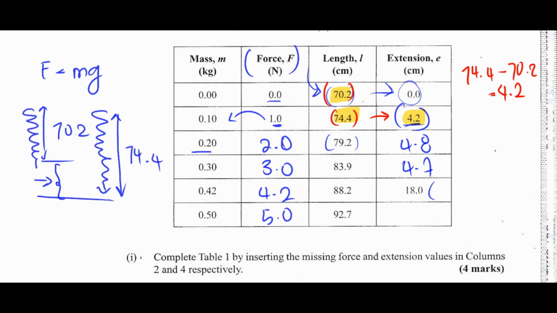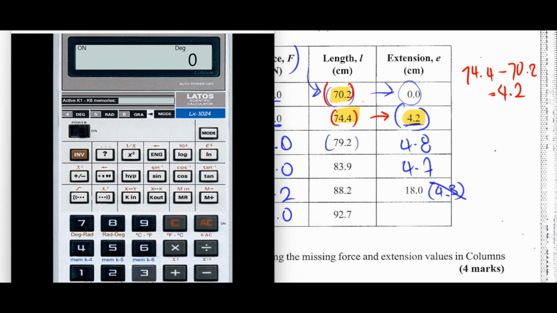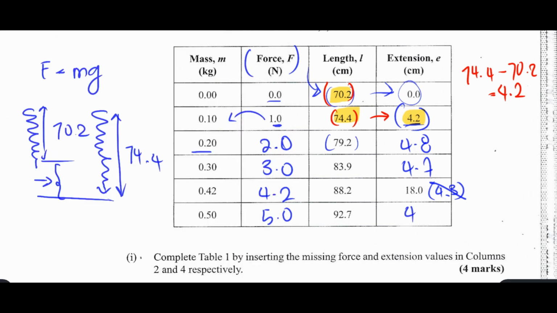So this should have been 4.3, but it's not, so we're going to leave it. And our next one would be 92.7 minus 88.2, which is 4.5. So now that we have our table completed, you get your 4 marks easy.